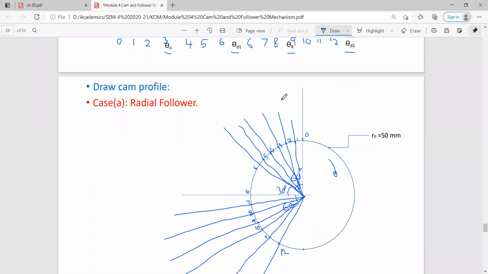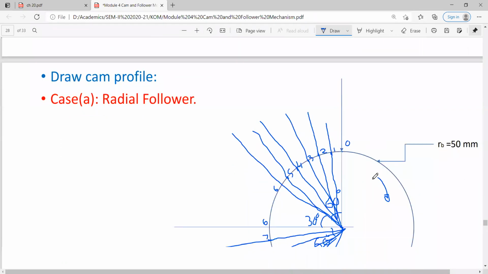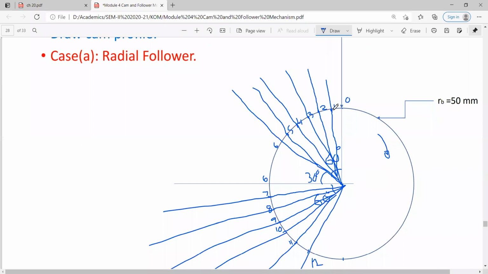Okay. So see, after you have shown these points, now what you have to do, you have to mark the distances here. So at point 1, what is the distance at the displacement diagram?